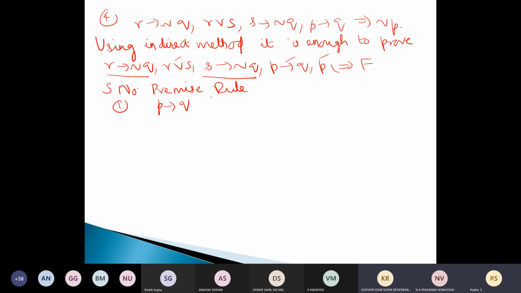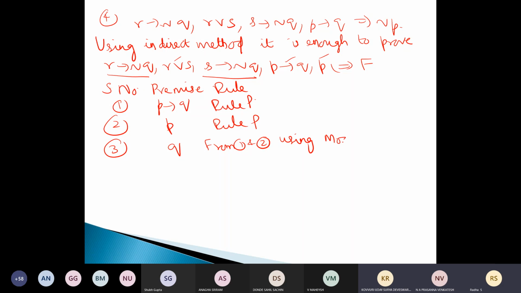Introduce P tends to Q. Then P. So Q is true from 1 and 2 using modus ponens.